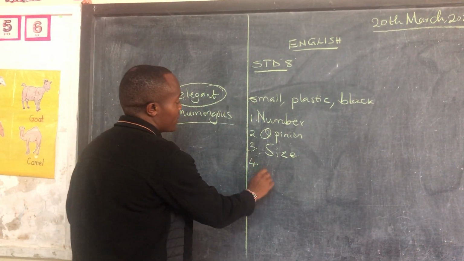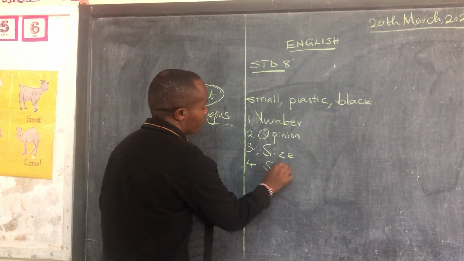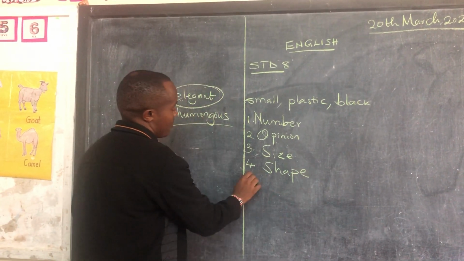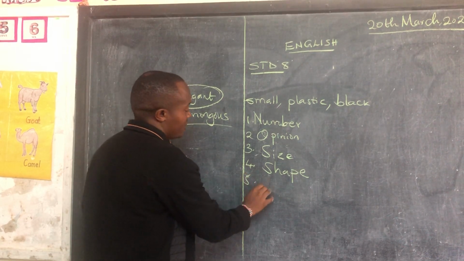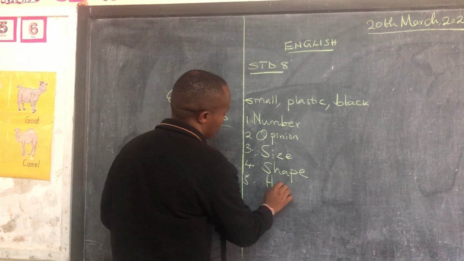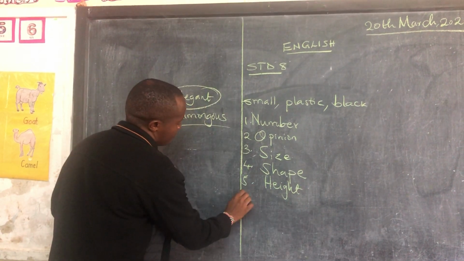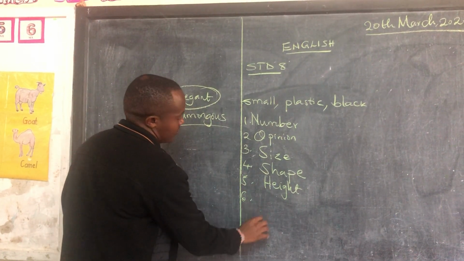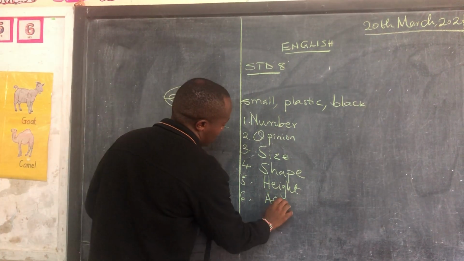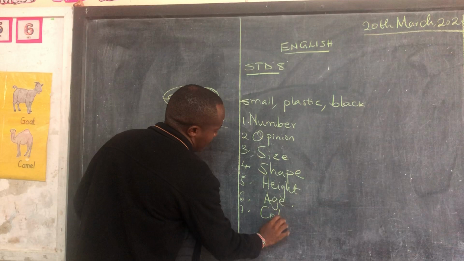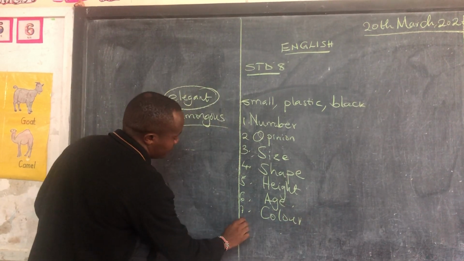Then we'll go to the next one, which is the shape. Next we'll have the height. We have the age. Color.